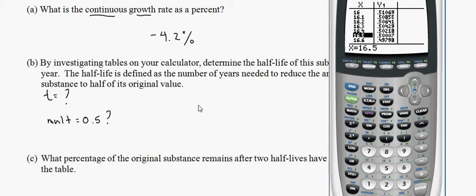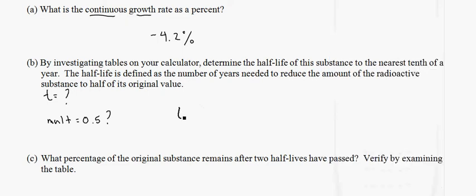So based on all of this table data, we can say the half-life is 16.5 years. Eventually we'll be solving for the half-life exactly using logarithms and other tools, but that's a good way to do it right now.